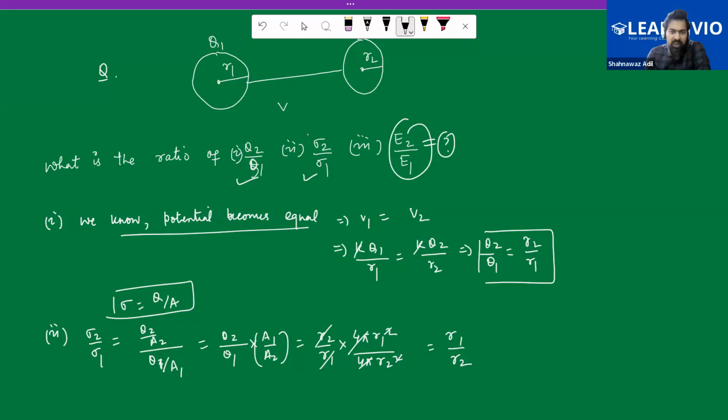Just calculate these things and note this down, and whenever you have noted, just tell me.